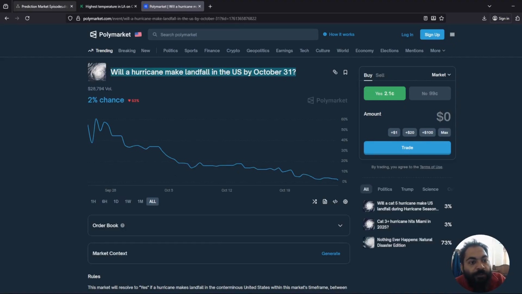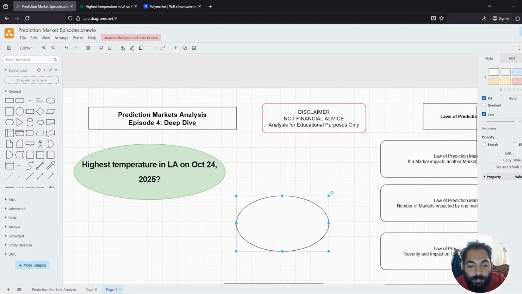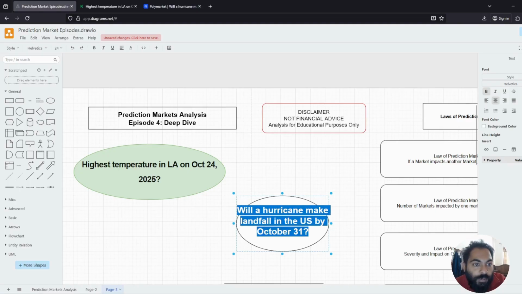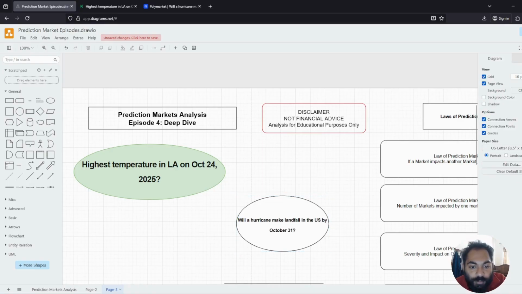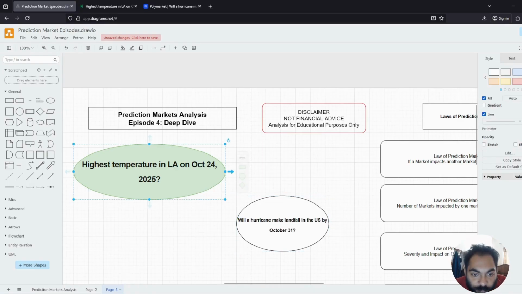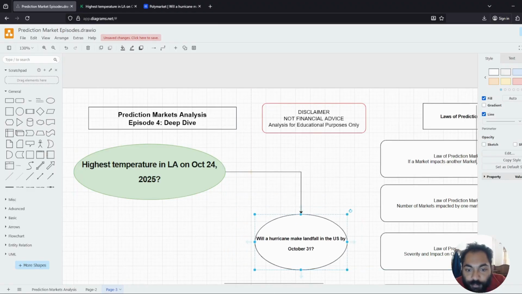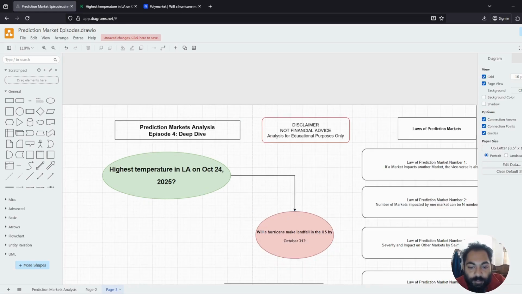So what you have is a landing, and we want to do 12 for this. So what we have is a market over here, and this one's still not resolved, so we mark it as red.